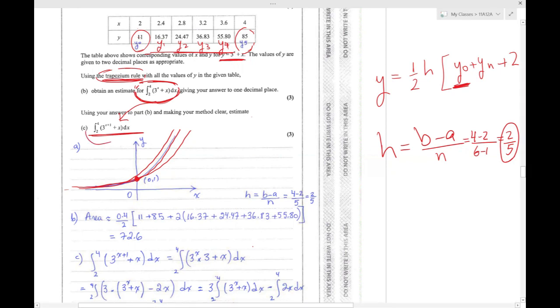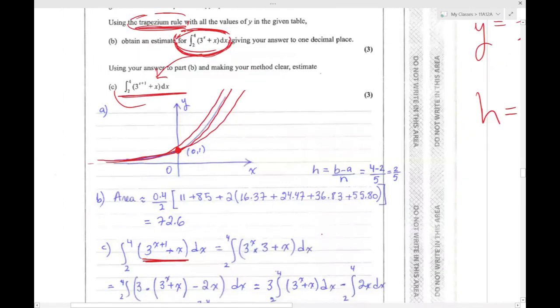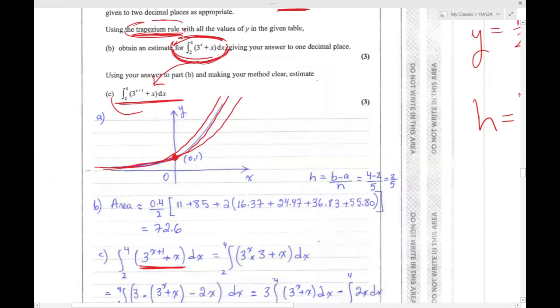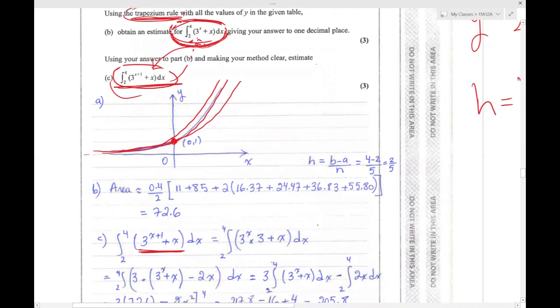So you have to use the answer to part B to do part C. First you have to make this one, which is 3 to the x plus 1 plus x, resemble part B. So you should take what they gave you and try to make it resemble part B, and use the value to estimate the answer.